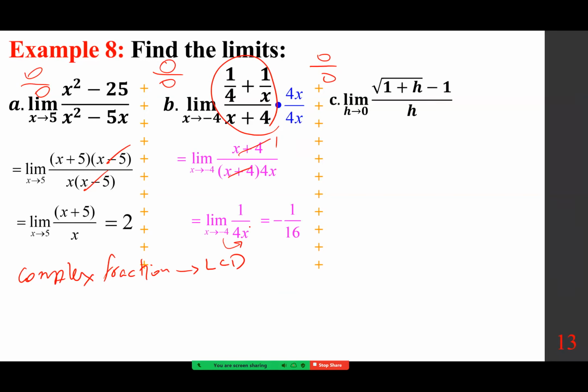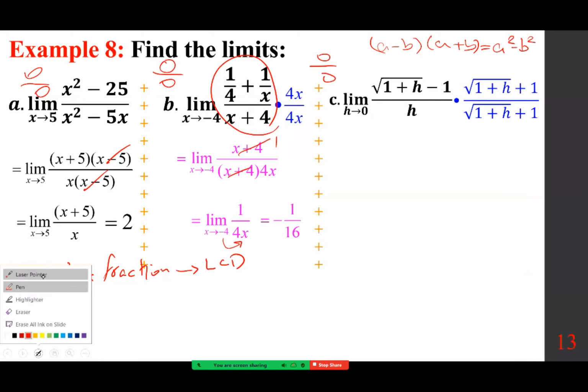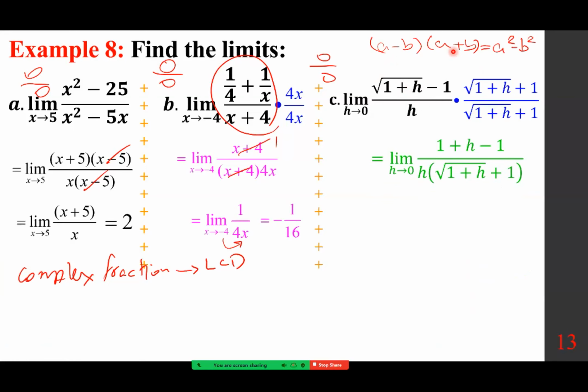Part C, again, you get 0/0. The technique is to use the conjugate. A minus B, its conjugate is A plus B, resulting in A squared minus B squared. So you're going to multiply and divide by it because this fraction must be 1. So you write the bottom as a product and the top, this comes out minus 1 squared, which is 1.